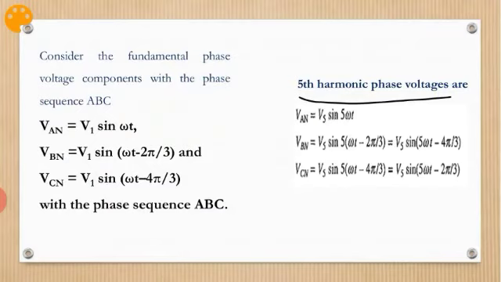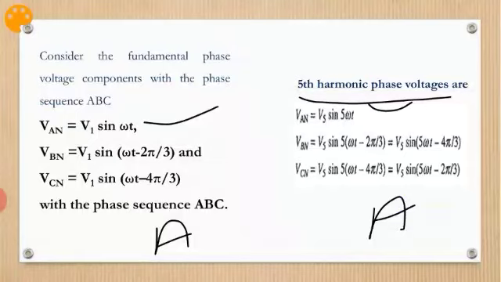The fifth harmonic has a phase sequence, so looking here, this is A, this is A. Now for B, here it is B1 sine omega t minus 2 pi by 3. Here I get the C.